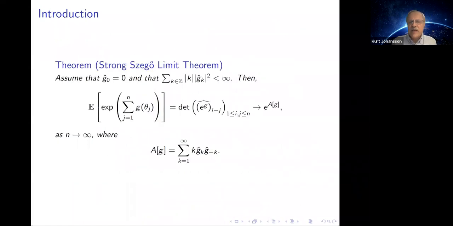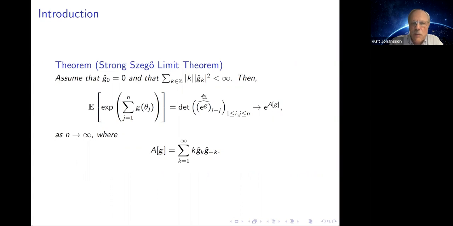From this, we can immediately get a result by combining this Weyl integration formula and the fact that this gives a Toeplitz determinant with the so-called strong Szego limit theorem, a classical asymptotic result for Toeplitz determinants.